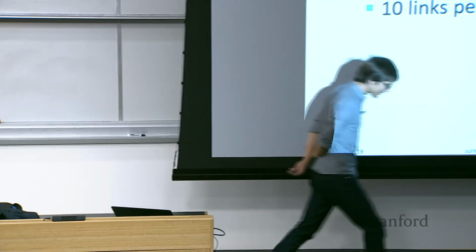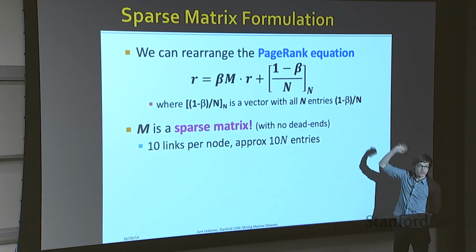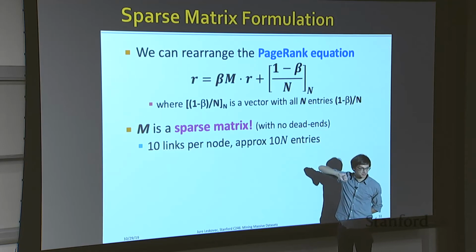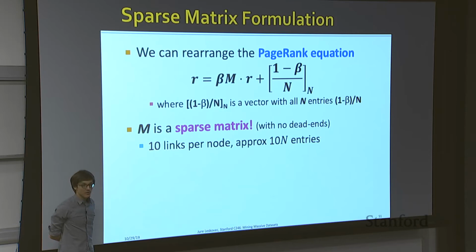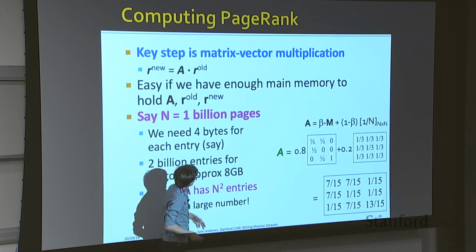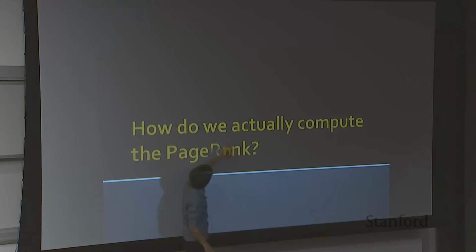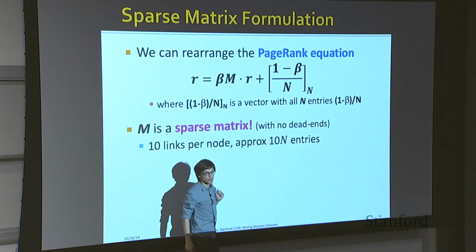So what can you do? You can rearrange your computation to look like this. Here I skipped a slide, and it will be your homework problem to show how you can rearrange R equals A times R into something of this form.